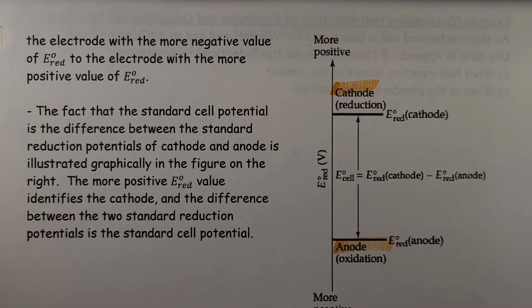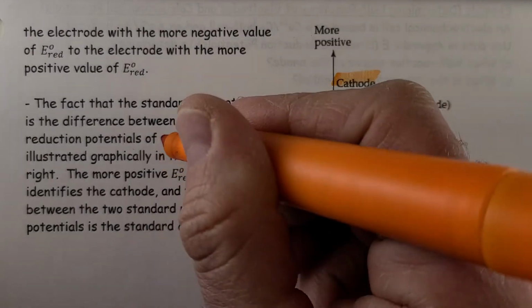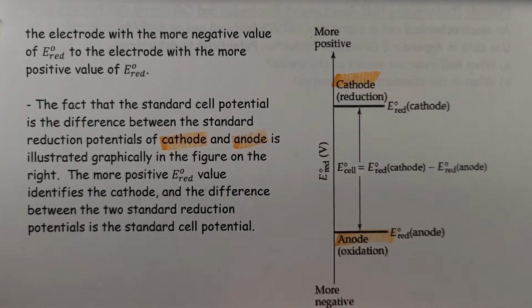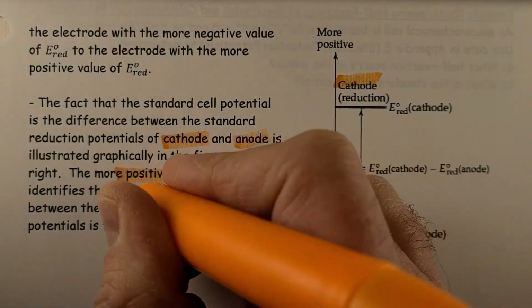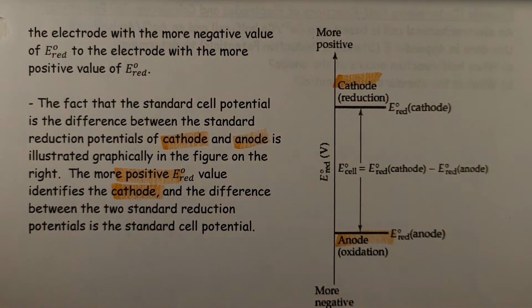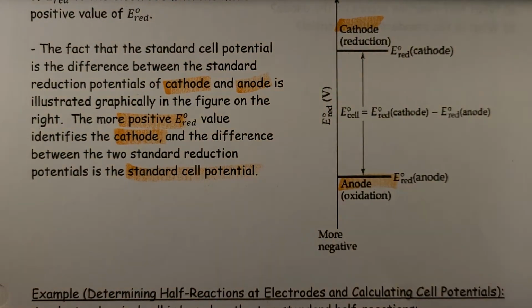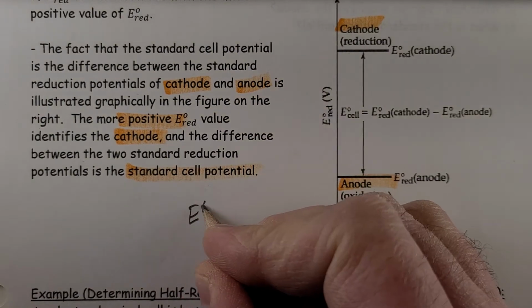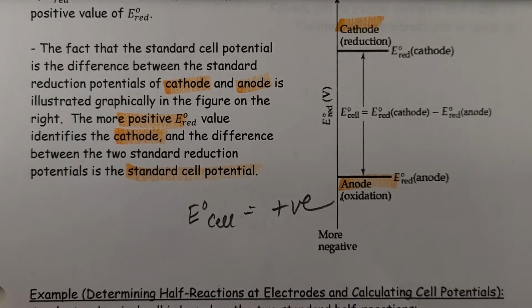The fact that the standard cell potential is the difference between the standard reduction potentials of the cathode and anode is illustrated graphically here. And notice that the more positive value identifies what the cathode is. The difference between the two gives us the cell potential, which has to be a positive number.